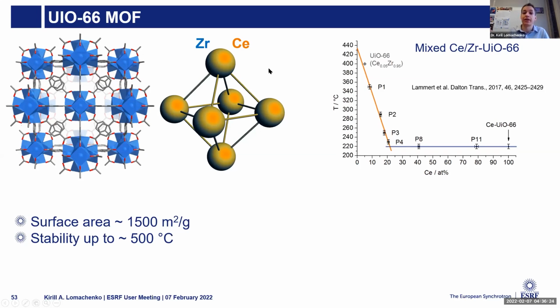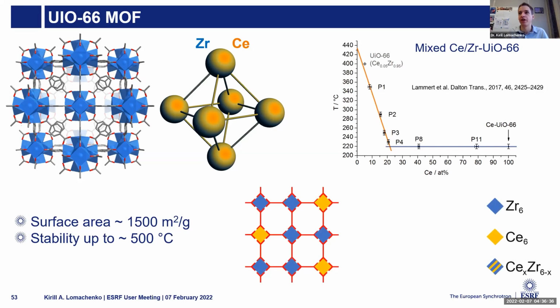And the main question that arises is why it happens. Then the conceptually easier question, for which we didn't know an answer yet, is whether something like this happens. When you have 20% of cerium in the cornerstones, what does it mean?